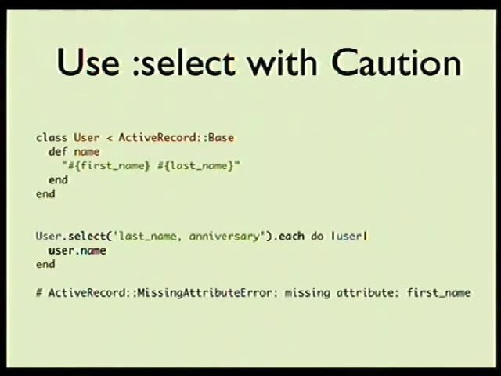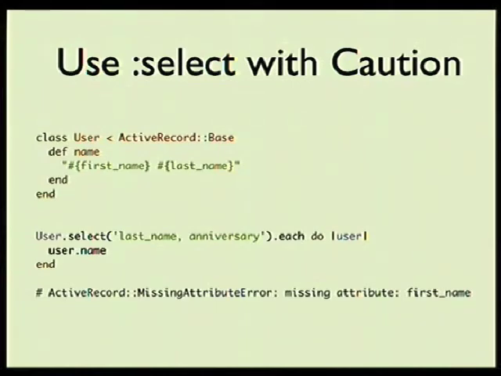Another issue I've run into is to be careful with select clauses. If you're pulling data from a model and selecting a specific subset of those columns, which can be a good idea as you don't necessarily want all of them, especially text columns, be careful.